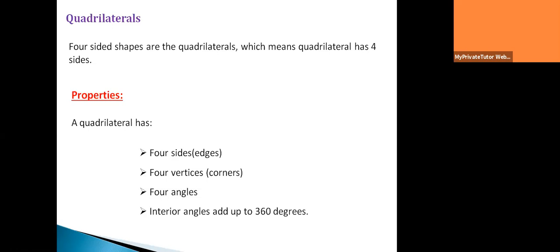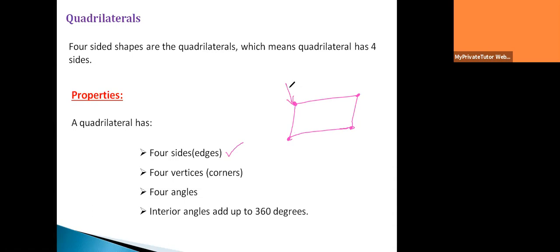So what are the properties of quadrilaterals? These are the basic properties, guys. It has 4 sides, which are nothing but edges, and vertices, meaning points, corners, coordinates, you can say. So it has 4 coordinates. If we take any quadrilateral, whether regular or irregular, it has 4 angles, 4 sides, and 4 corners, which are coordinates if you're drawing on a graph.